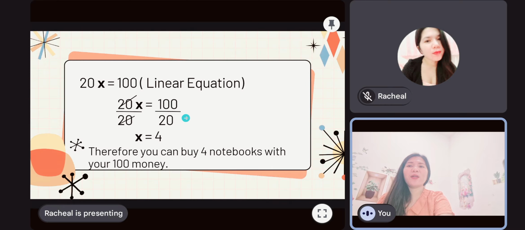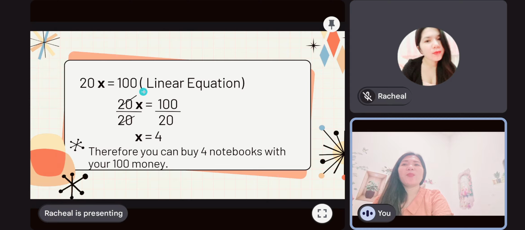So here, 20, what is the 20? Yes, it is the cost of the notebook. And X is the, yes, you're right. It is the notebook. And 100 is the, yes, your money.